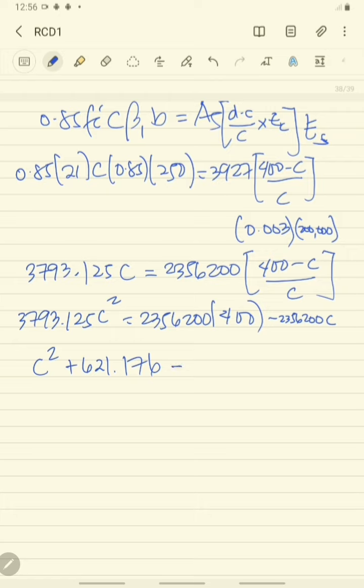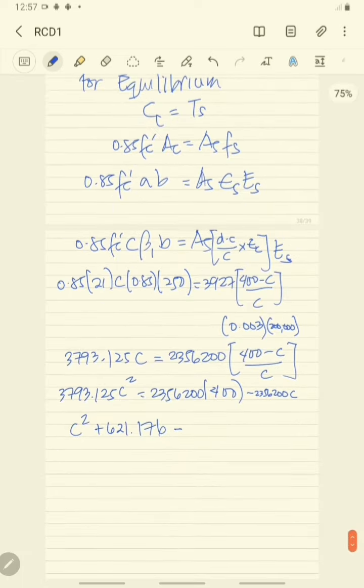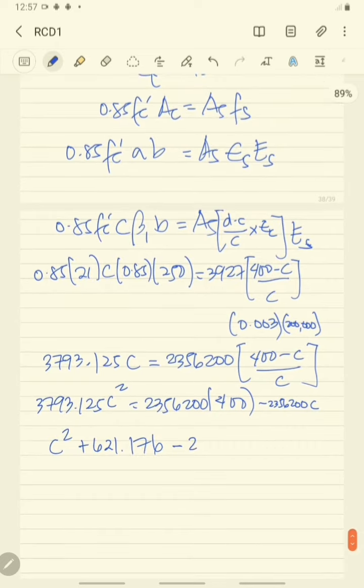Then minus 2356.2 times 400 divided by 3793.125, which will be 248,470.588. That is equal to 0.